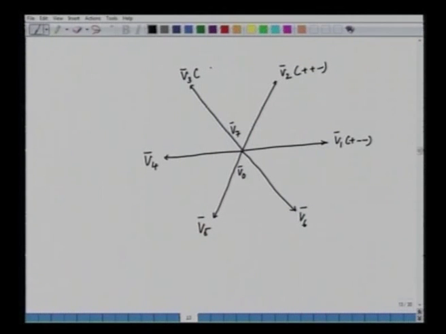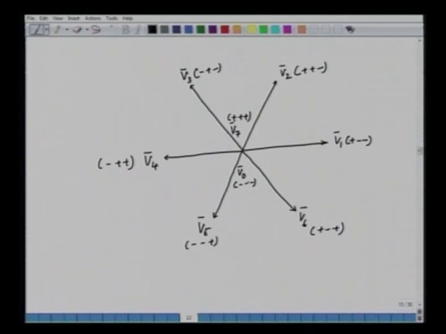And similarly, we can write for V3, V3 is minus plus minus, and V4 is opposite of V1, that is minus plus plus, and V5 is opposite of V2, that is minus minus plus, V6 is opposite of V3, that is plus minus plus, and V7 is plus plus plus, V0 is minus minus minus.